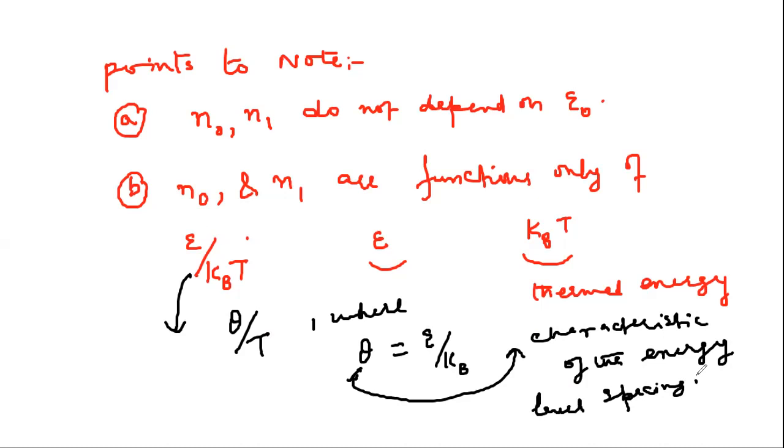You can think of them as the ratio of two energy scales, kT being the thermal energy scale and epsilon the scale of the energy separation between the levels. Or you can think of this ratio as the ratio of two temperatures, theta and the absolute temperature of the system. But theta is characteristic of the energy level spacing. That means if you change the external conditions, the energy level spacing changes and this theta is going to change, right?